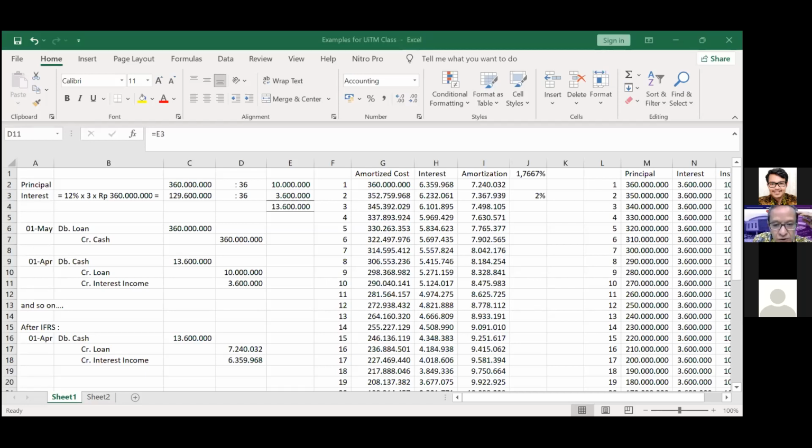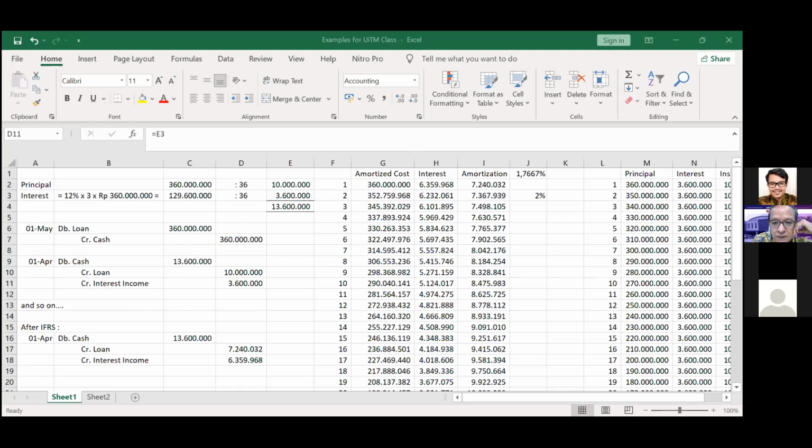Yeah, loan loss provision, this is a small amount at 233,000 rupiah only. I will explain it later. Then the credit is provision for loan loss. So you can see the difference.